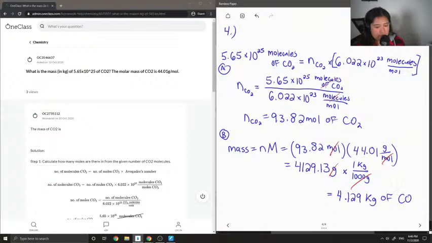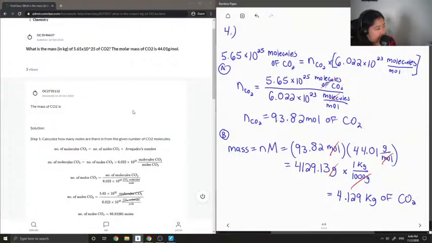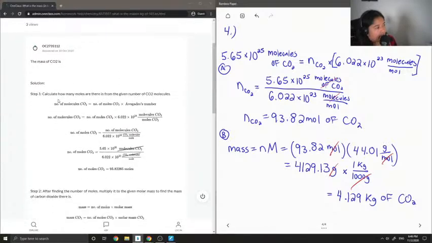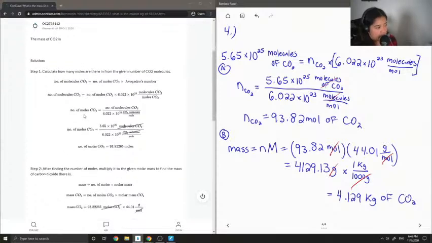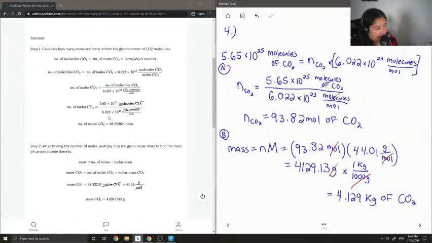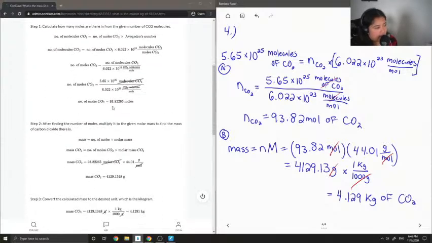Let's see the answer from our junior tutor. Step 1, calculate how many moles there are from the given number of CO2 molecules. You can see that they divided by Avogadro's number to get 93.82 moles.